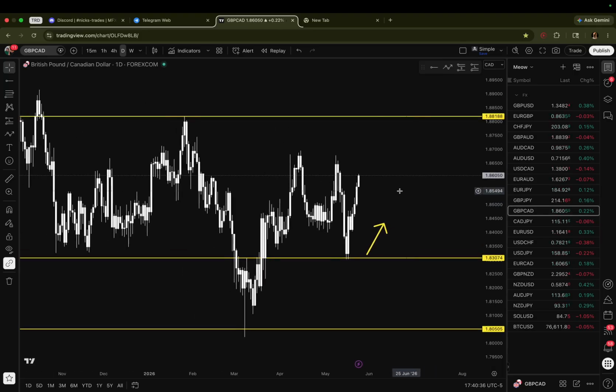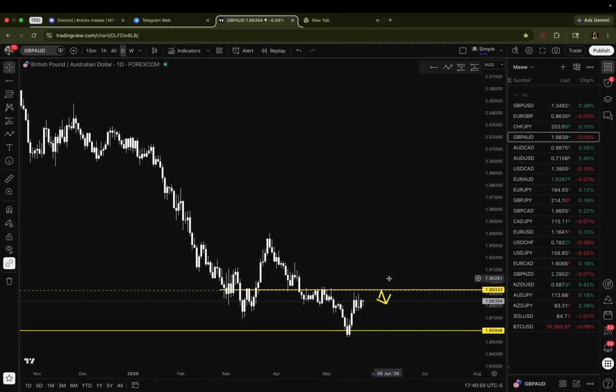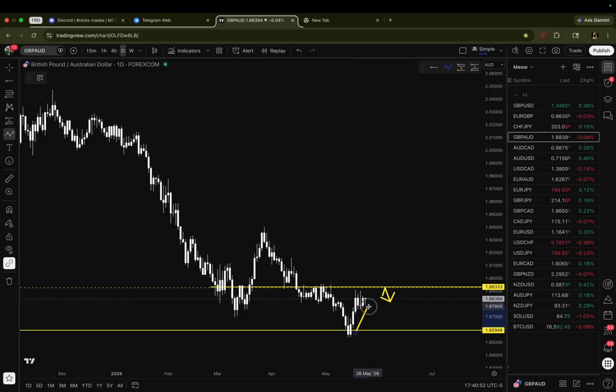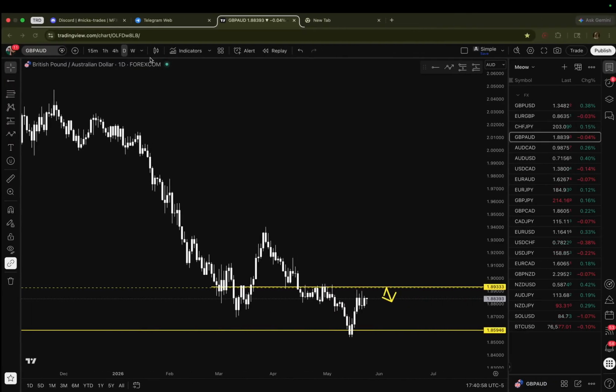GBP CAD. This was a very nice trade where I made $150,000 on it. It was either last week or maybe the week before. I think it was last week. Closed $150,000 on this, and at the same time I had that GBP AUD trade that also bounced at the support zone. I made another 50K. I made $209,000 in a day on both of these trading opportunities.